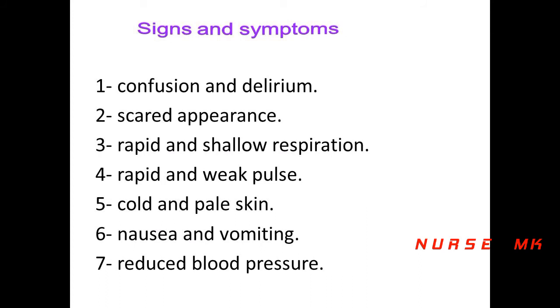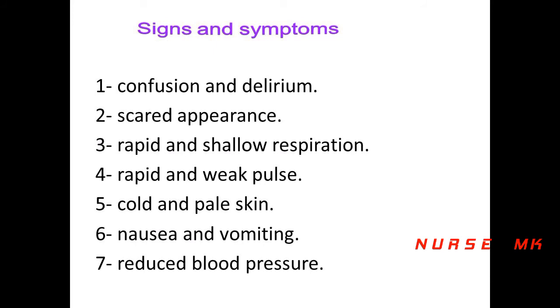Thirst due to loss of body fluid, which is blood or plasma. Pallor due to a decreased blood supply to other parts of the body. Tachycardia, which is an increase in the heart rate.